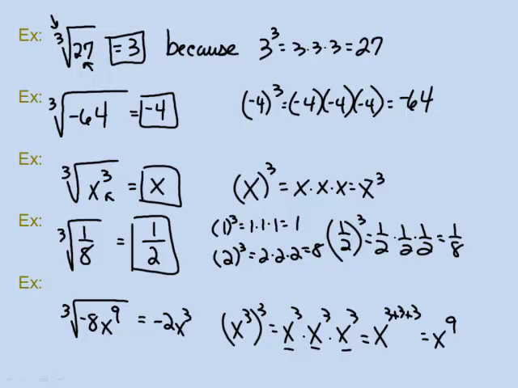Or, using properties of exponents, another way you can think about it is powers raised to second powers multiply. So if you did it this way, 3 times 3 again is 9, you get x to the 9th either way. And it looks like -2x cubed is the answer to that example.